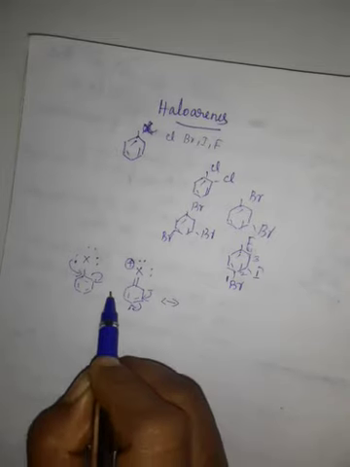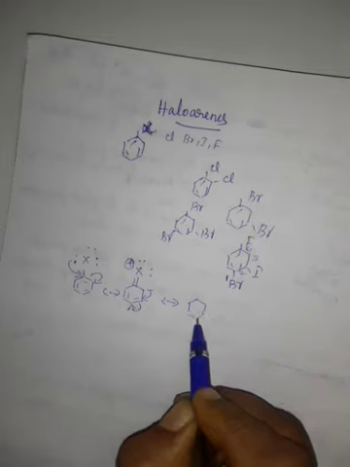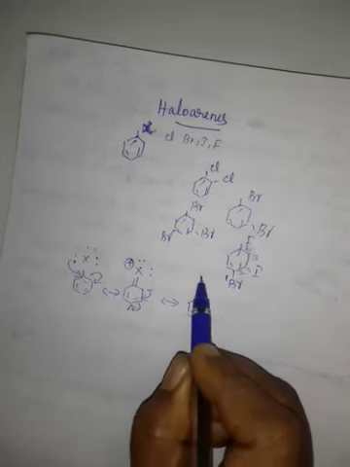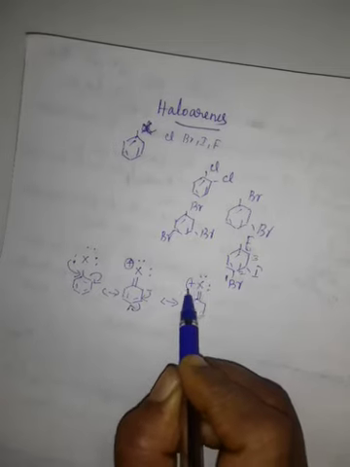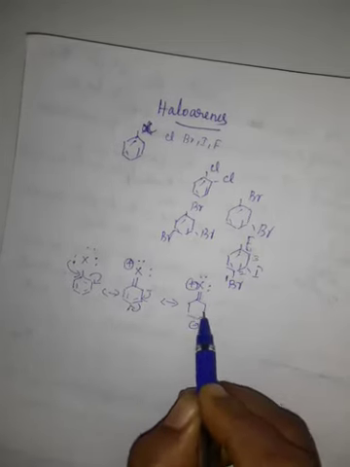So resonance: double bond X, 2 lone pairs, plus, here minus sign, since this is coming inside.